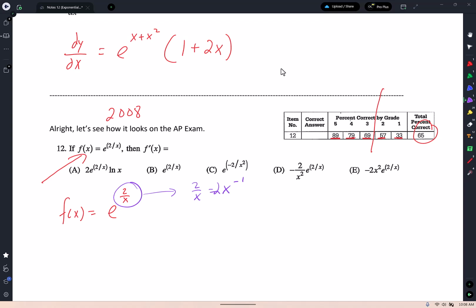I just rewrote it. I haven't done anything yet.